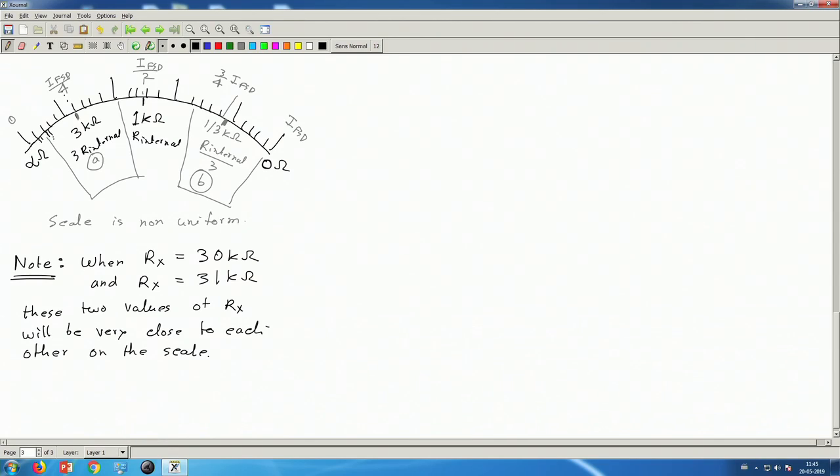Okay, so it's very difficult to read resistance values which are very high.